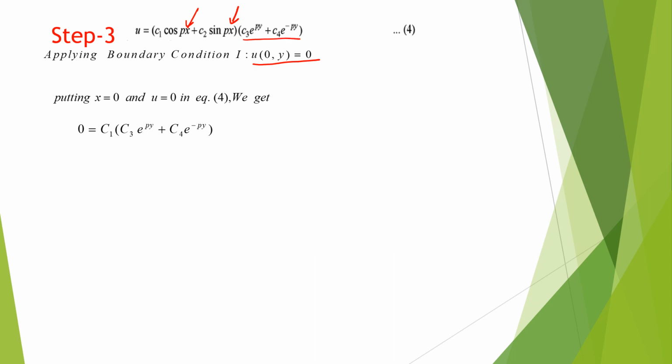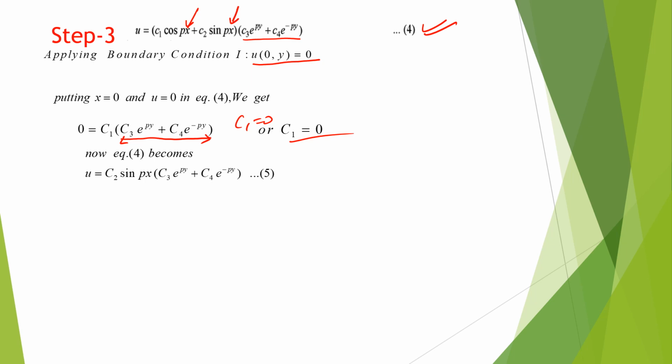So over here, if we consider this as 0, we substitute the value in the previous solution, that is equation 4, and the complete solution will be 0. So we have only one option, that c1 is equal to 0. Now substituting the value of c1 equal to 0, we get a new solution, that is solution 2. Now this is the new solution. Now you have to forget the previous equation.